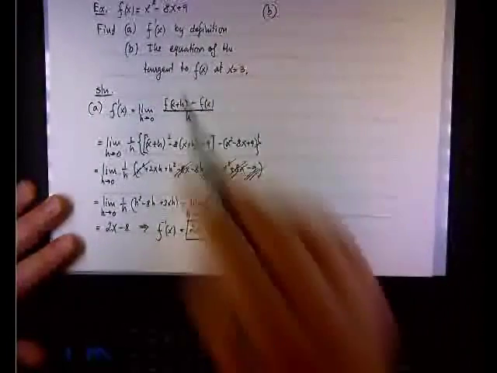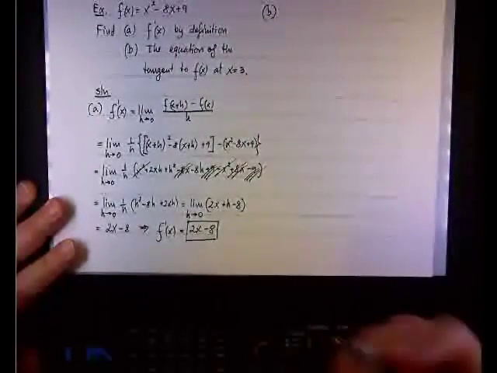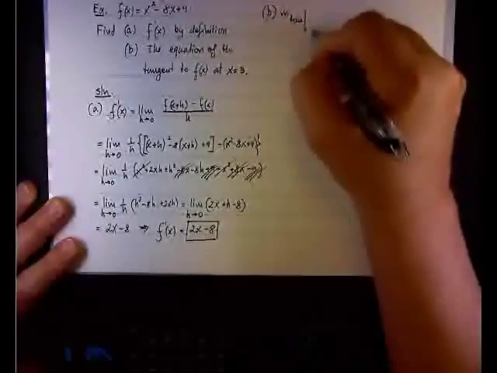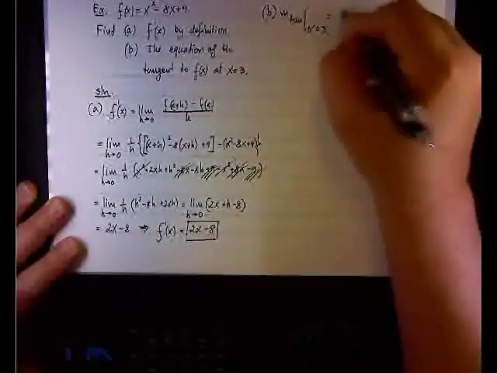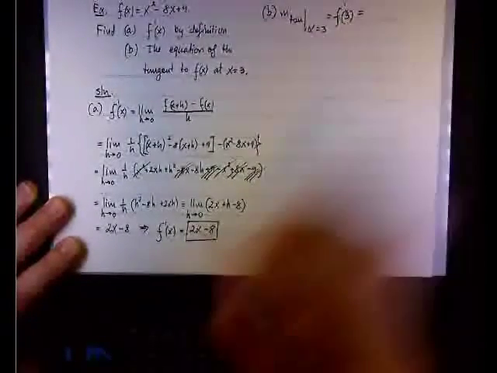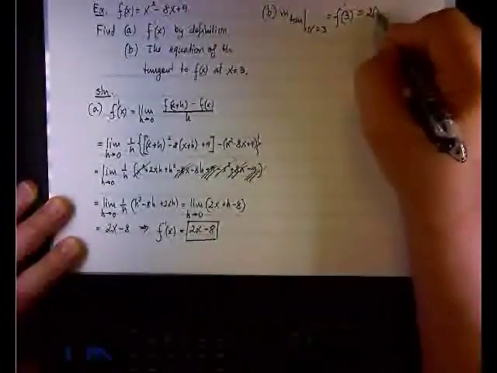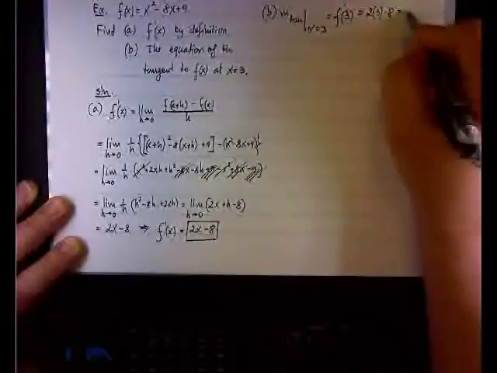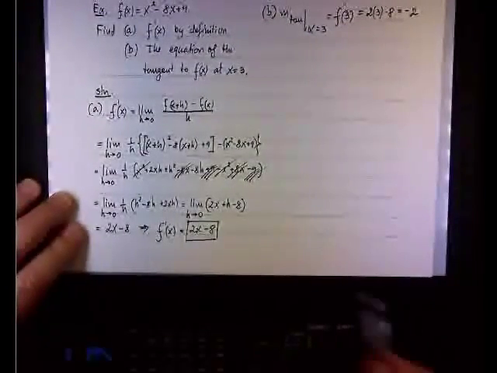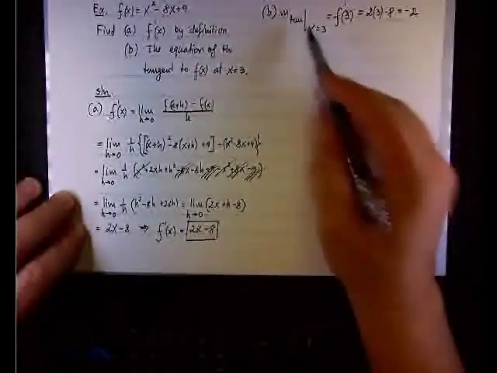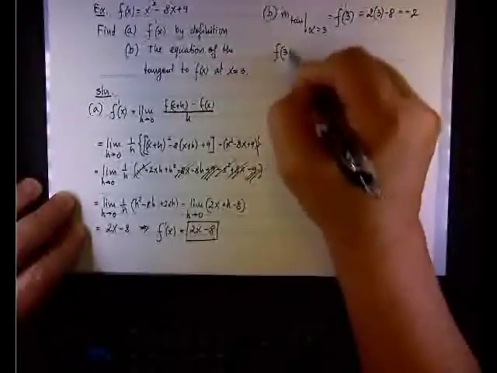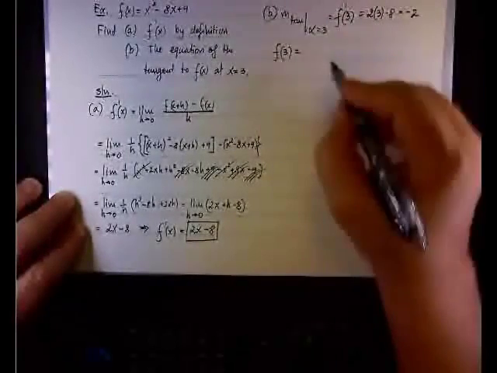Remember, part B, we need to find the equation of the tangent. Well, we know that the slope of the tangent at x equals 3 is really f prime, the derivative, at x equals 3, and therefore it will be 2 times 3 minus 8, so it's negative 2. 6 minus 8. So we have the slope, and we need to find the point. We have x equals 3, so we need to find the value of y when x equals 3.